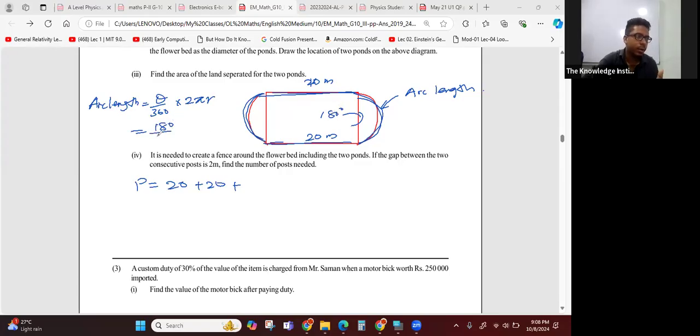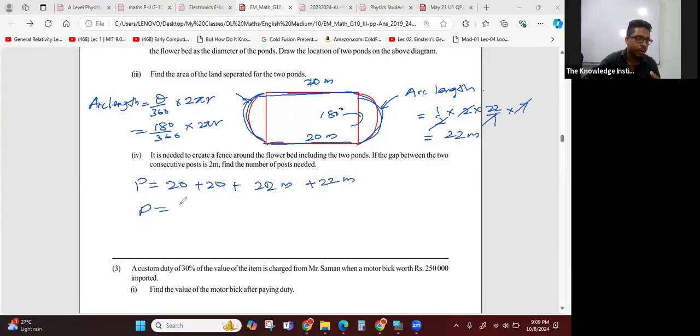So 180 divided by 360 into 2 pi r. That will be half into 2 into pi, which is 22 over 7, into radius 7. So this 7 and this 7 cancel, this and this cancel. So the arc length of one pond is 22 meters. It will be the same for this one, so it is also 22 meters.